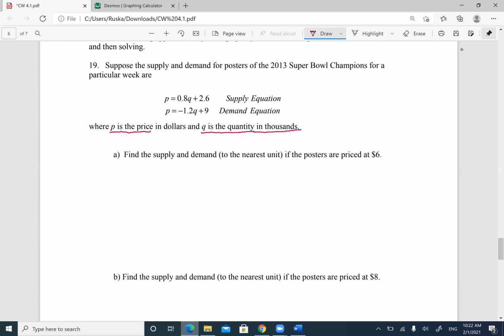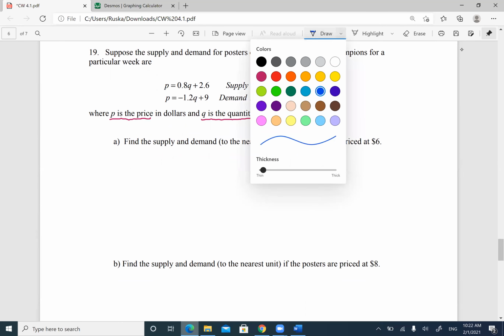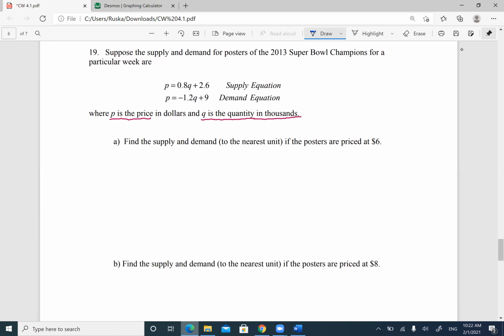Okay, so the first one we need to solve, it says find the supply and demand, so both of those, if the posters are priced at $6. So this is the price, right? So this is going to be P, because P is the price in dollars.